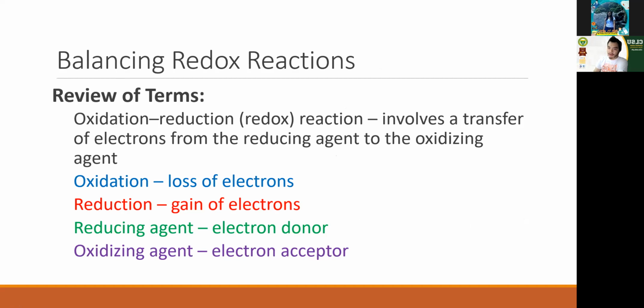So, pag reducing agent, ikaw yung electron donor. Diba? Kaya ka nga nawalan ng electrons kasi dinonate mo. So, kapag oxidizing agent, ikaw yung electron acceptor. So, kaya ka nga nag-gain ng electrons kasi ikaw yung tumanggap ng electrons. Ikaw yung electron acceptor.